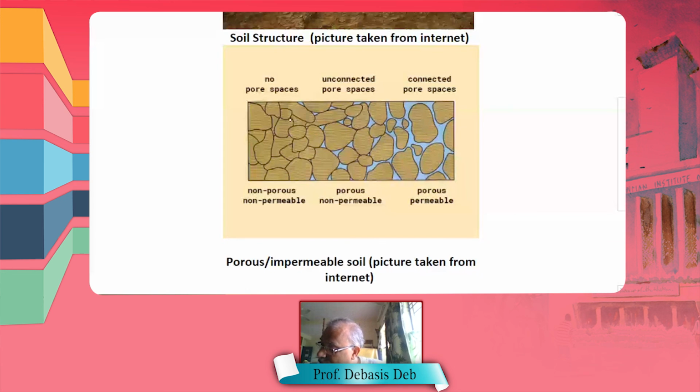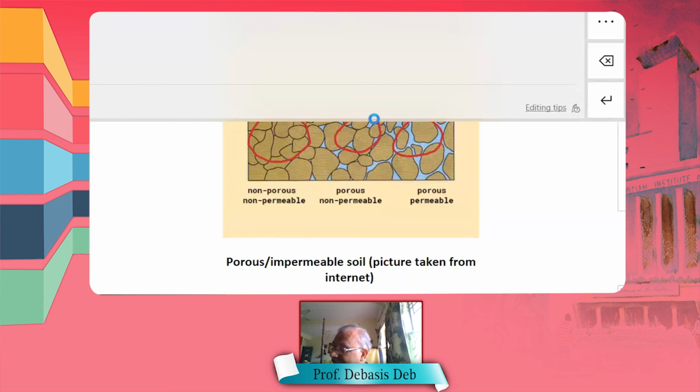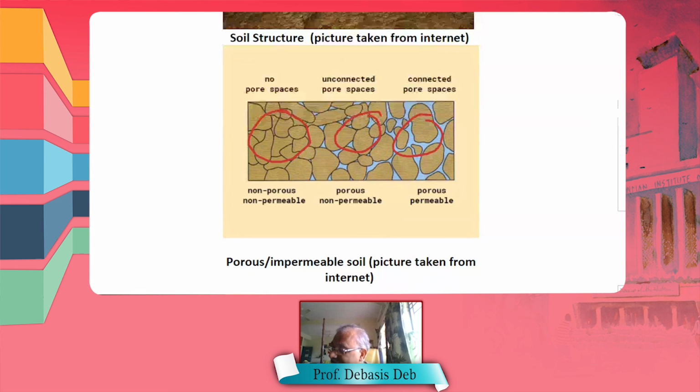So this part is non-porous, and this one is the porous or permeable. Here they are telling you that this is porous but non-permeable.